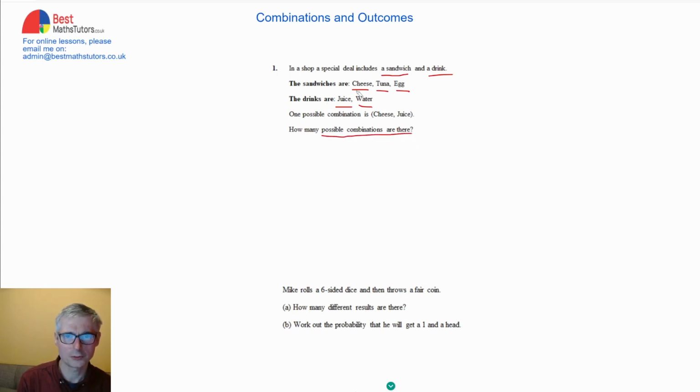If we chose cheese as our sandwich, then we've got 2 options for the drinks. We could either have juice or water. So that's all the cheese sandwich options. Then if we chose tuna as our sandwich, again we've got 2 different options for the drink, juice or water.